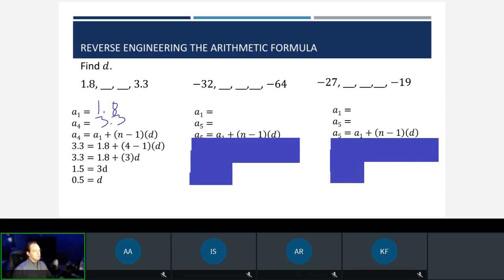All right. Next example here. We have the first term being negative 32. Our fifth term being negative 64.